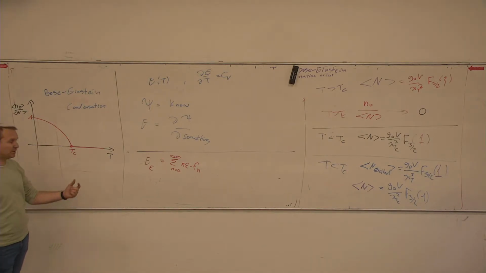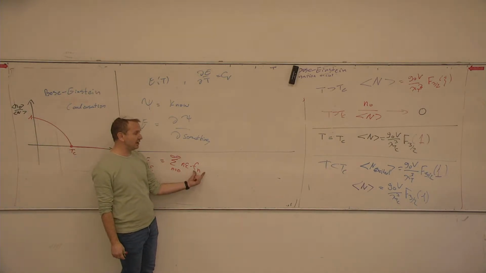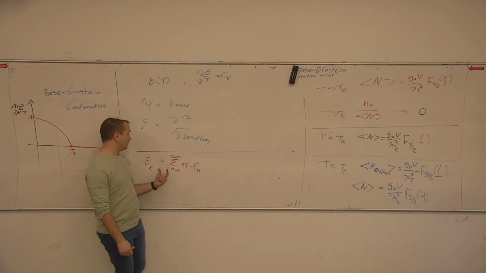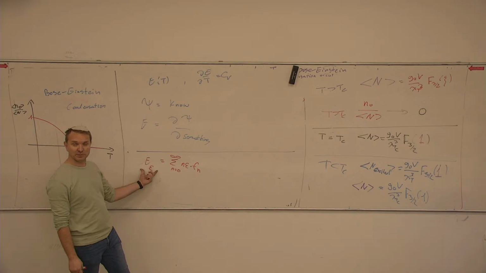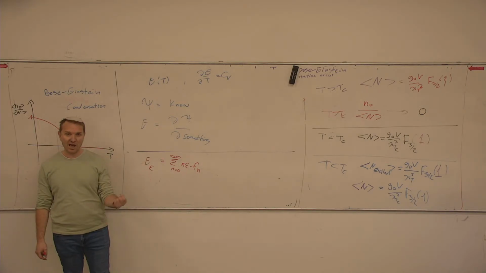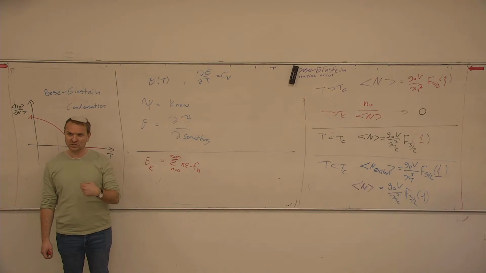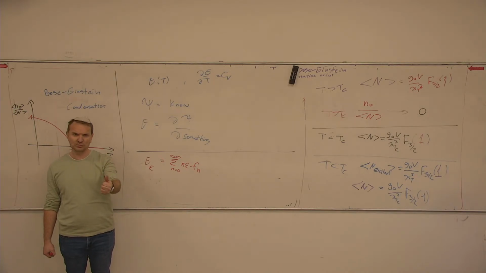I'm taking a specific energetic level and I'm saying, well, this is the expectation value. What is the expectation value? It's going to depend on how many particles are sitting inside this level, right? So if it's 0, the energetic contribution is 0. If there is 1 particle, the energetic contribution is epsilon.